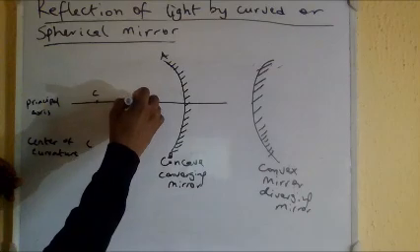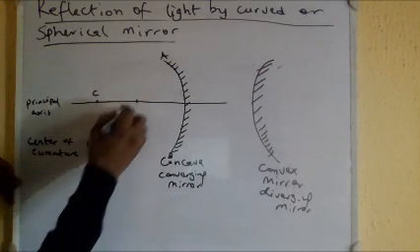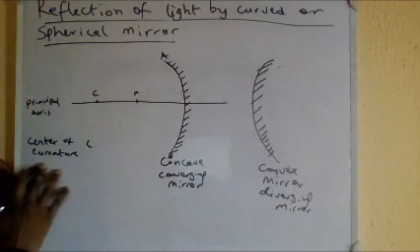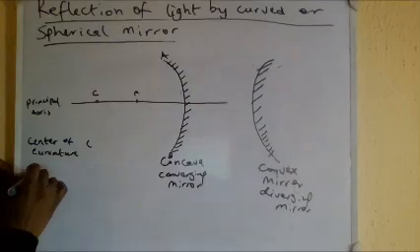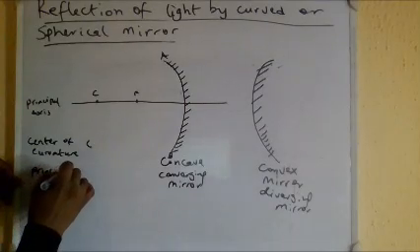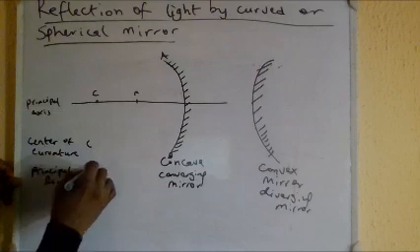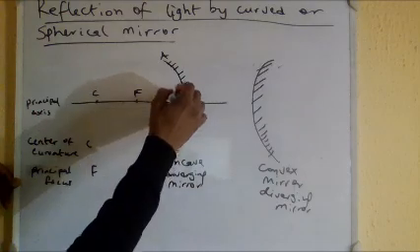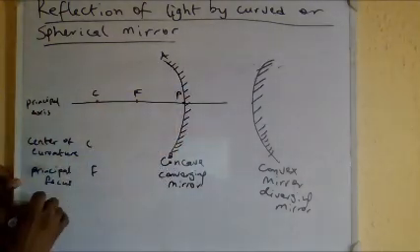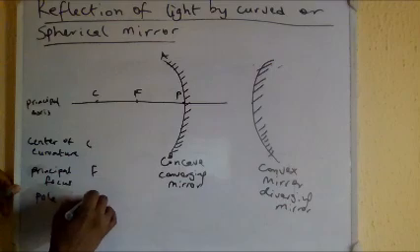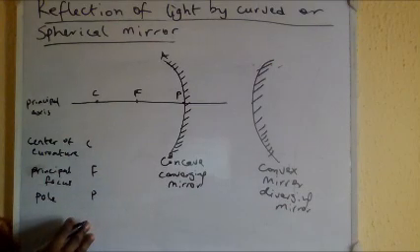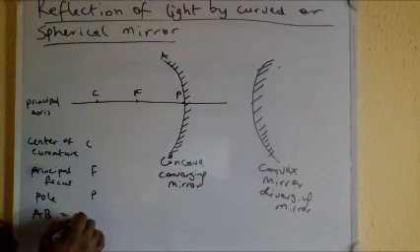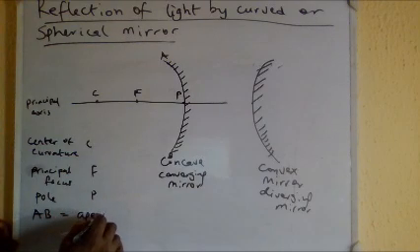Then you have a point here, F, called the principal focus. That's point F. So there's a point here, P, it's called the pole. Pole is point P. And AB is the aperture.